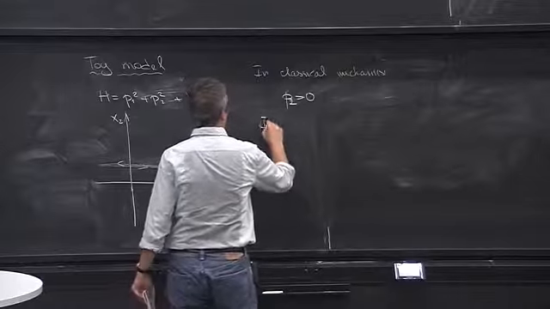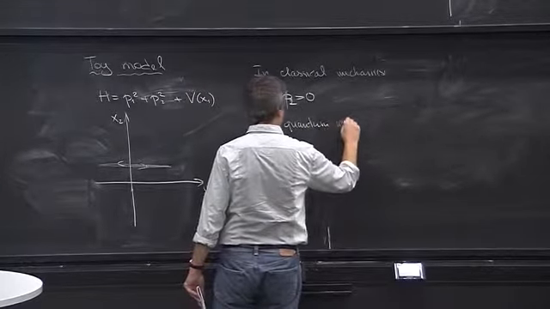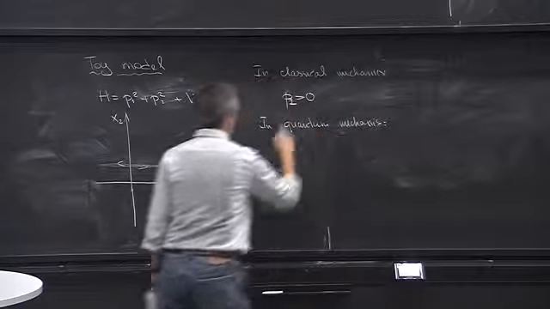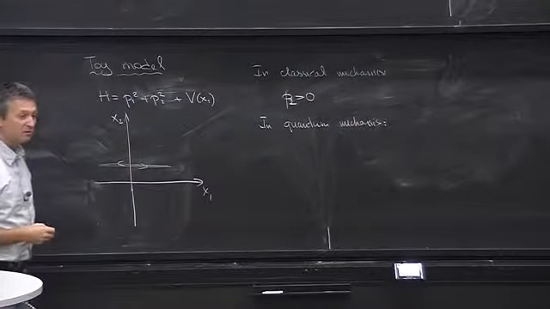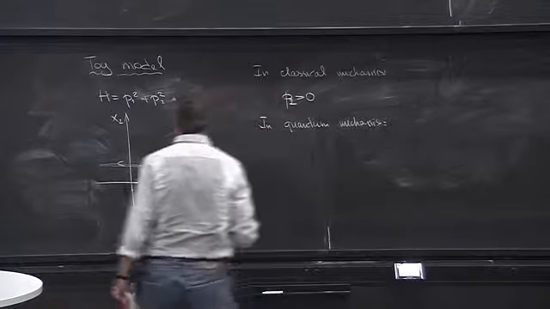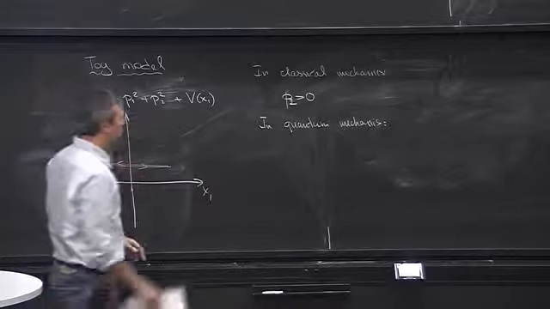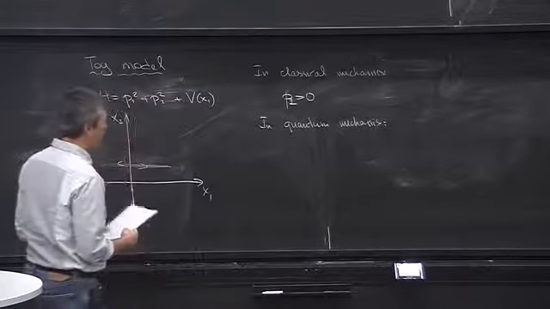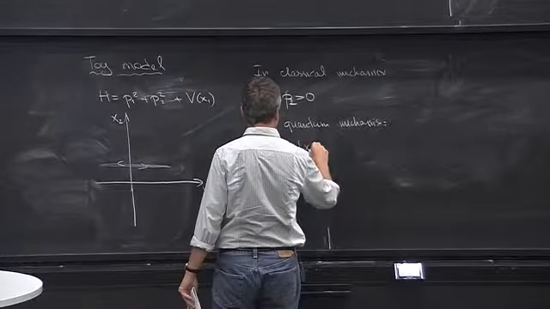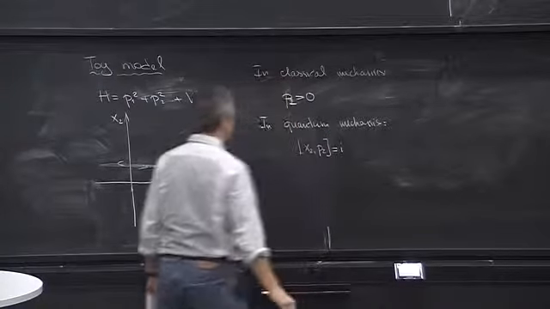Now in quantum mechanics, this equation will not be consistent. Just because although we don't have a coordinate x2 in the Hamiltonian, sort of in the back of our mind we remember that it exists and it satisfies the canonical commutation relations.